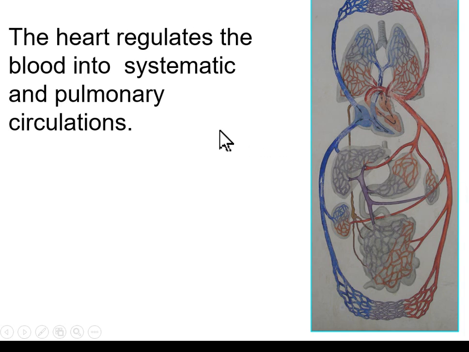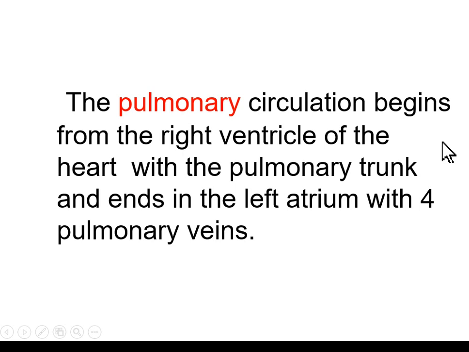The heart regulates the blood flow into the systemic and pulmonary circulation. In the human body, there are systemic and pulmonary circulations. The pulmonary circulation begins from the right ventricle of the heart, from the pulmonary trunk, and ends in the left atrium with four pulmonary veins.